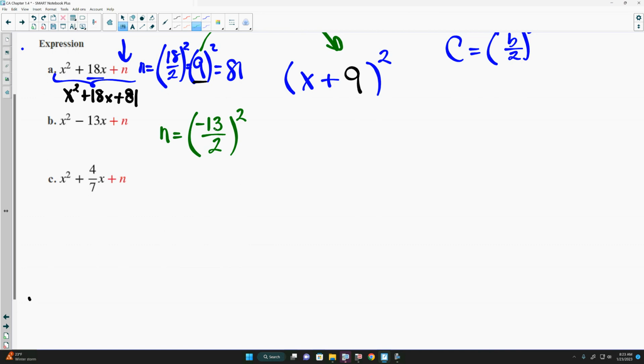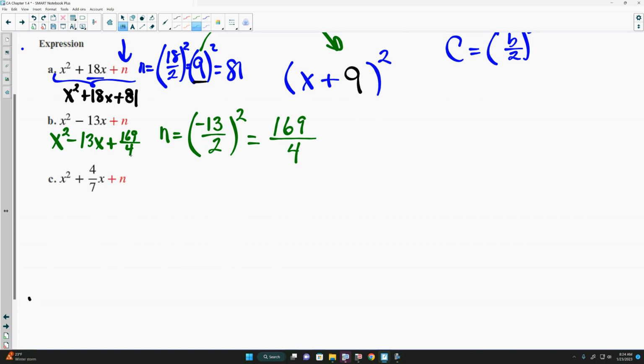Now we just need to square it. We know for sure that it's going to become positive because a negative squared is positive. 13 squared is 169. 2 squared is 4. So our quadratic is x squared minus 13x plus 169 over 4.